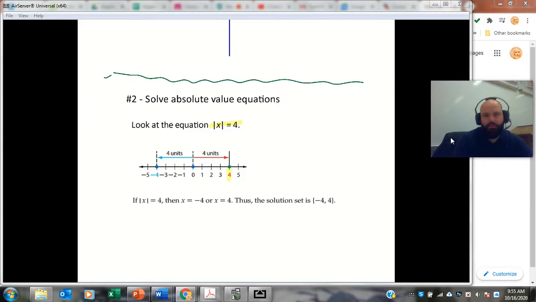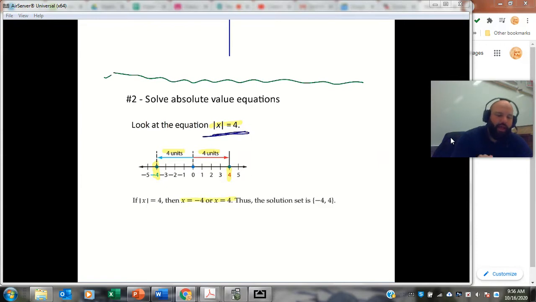Because you start at 0 and you move right to the 4, and that's a distance of 4. But you also have to realize that this number over here, negative 4, is a distance of 4 from 0. And so both of these fulfill the requirement of what we have up here, which is to find a number that is 4 units away from 0. And so there's actually two answers to this. The two answers are 4 and negative 4.